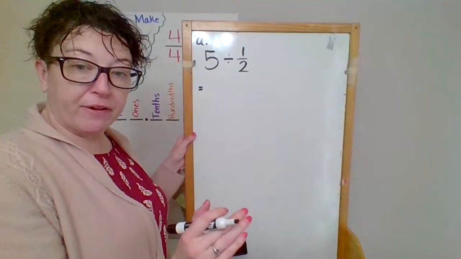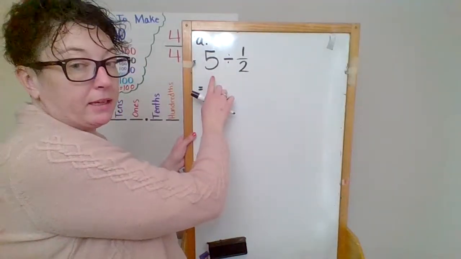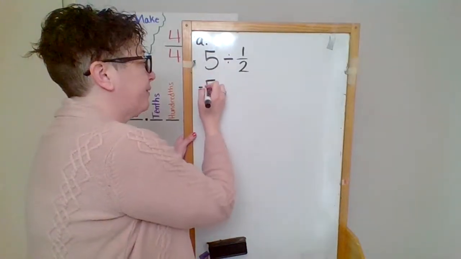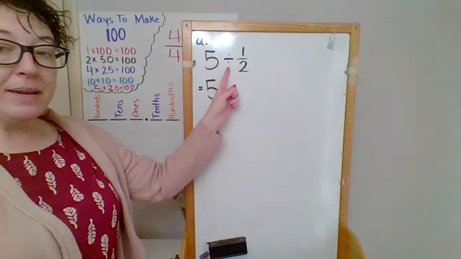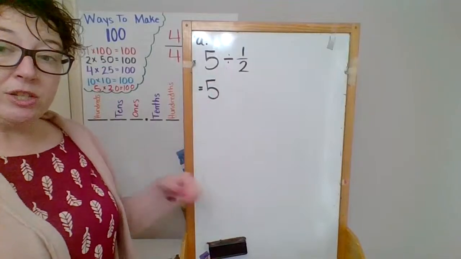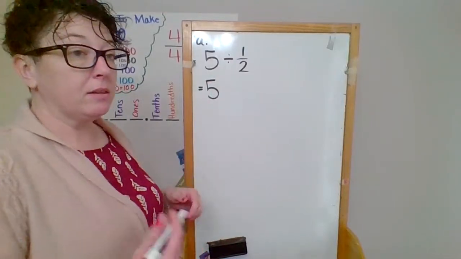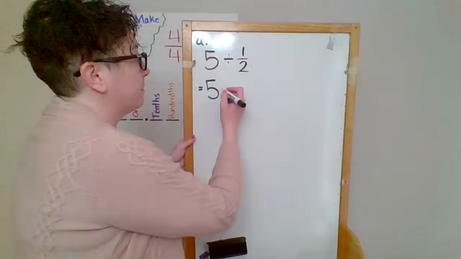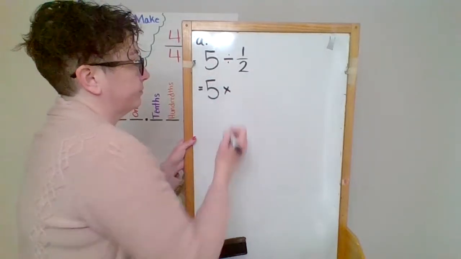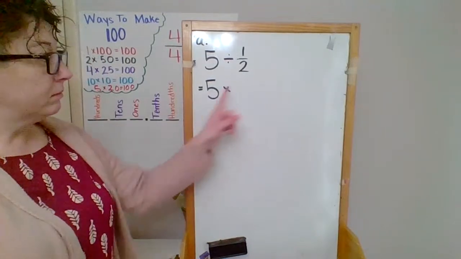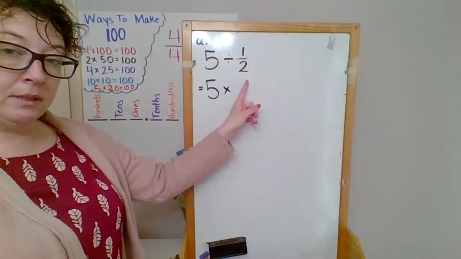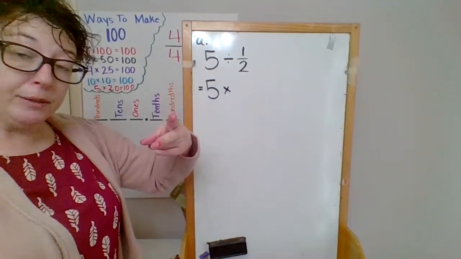When you're dividing by fractions, you don't do anything to change this number. So I'm going to keep the 5. Now I'm going to take my sign and switch it to the opposite operation. So the opposite of dividing is multiplying.